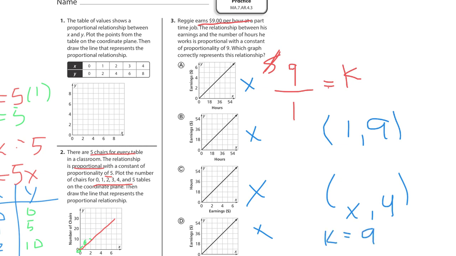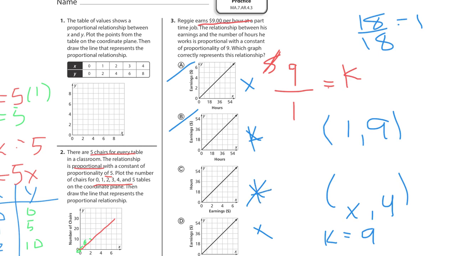So let's look at this one. First of all, it says 18 hours, $2 earning. That's not correct. Let's look at this one. It says 18 hours, $18 earning. That's not correct because 18 over 18 makes 1. It doesn't make 9.